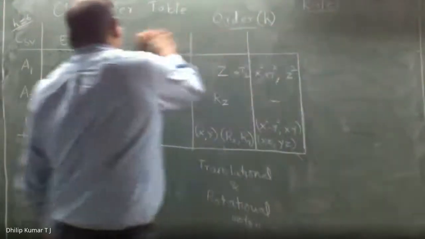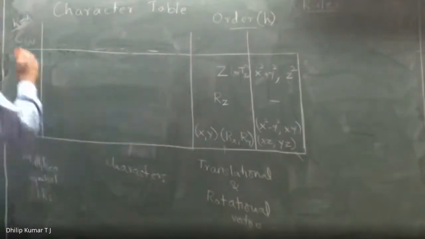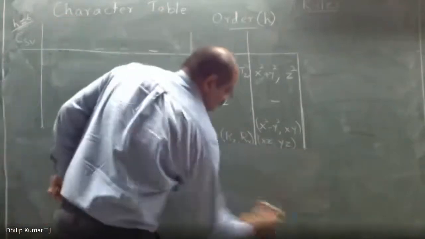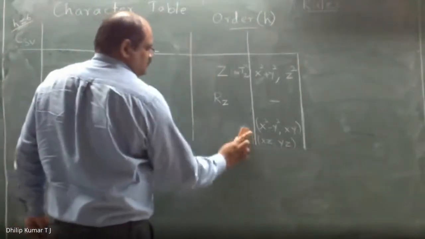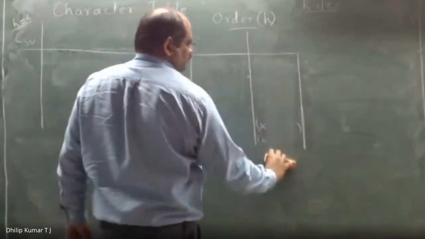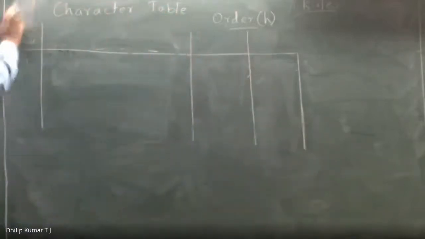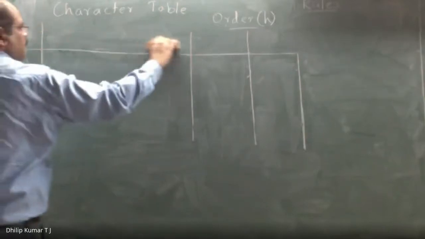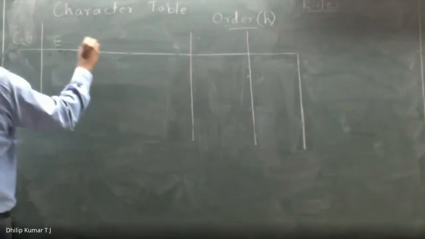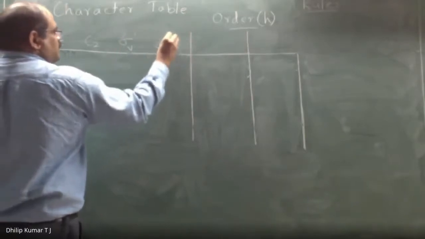Let's write for the water molecule, C2V, because we are going to use this. Okay, this is C2V. We have E, C2, sigma V prime, and sigma V double prime.